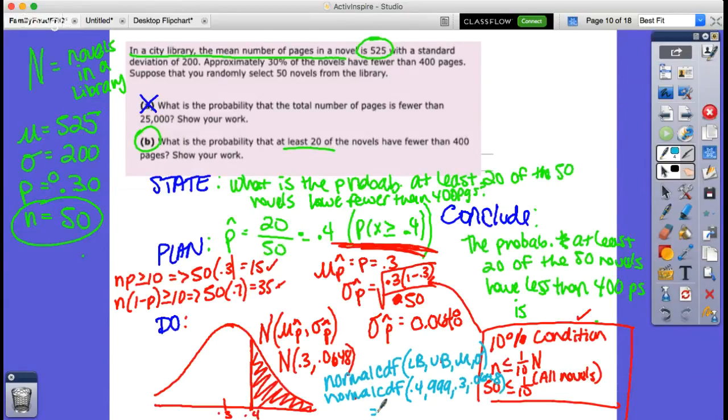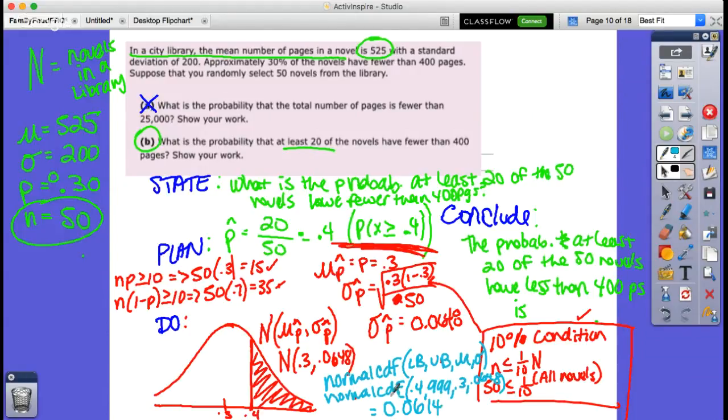When I plug this in, my answer is 0.0614.